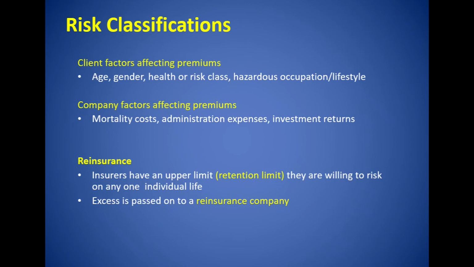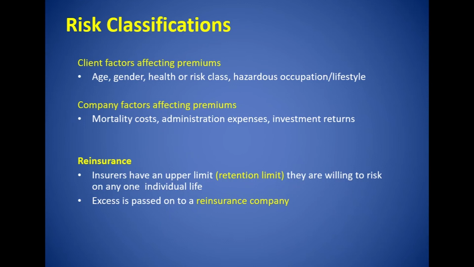they would go to other insurance companies and say to them, we have this policy for $5 million. We are retaining $2 million of the risk. We would like to reinsure the additional $3 million. And so they might go to 3 other companies, and each company might say, okay, we're willing to take $1 million of that risk.